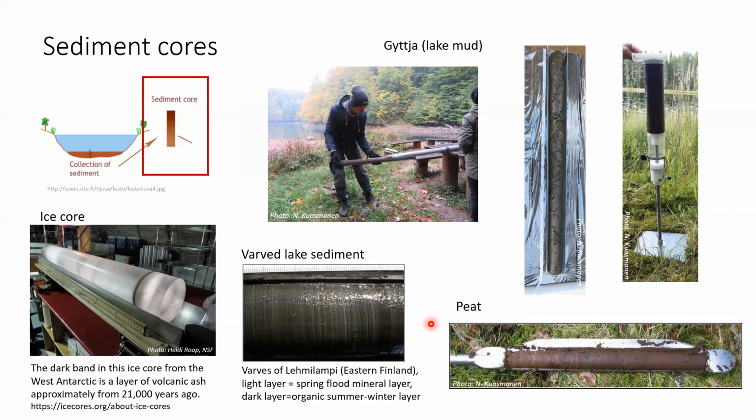And there's an example of information that can be obtained from these ice cores. There's an ash layer from a volcanic eruption, and it's been dated to 21,000 years ago. So this is the kind of different information and time resolutions you can get from different types of material and cores that are obtained for paleoenvironmental research.